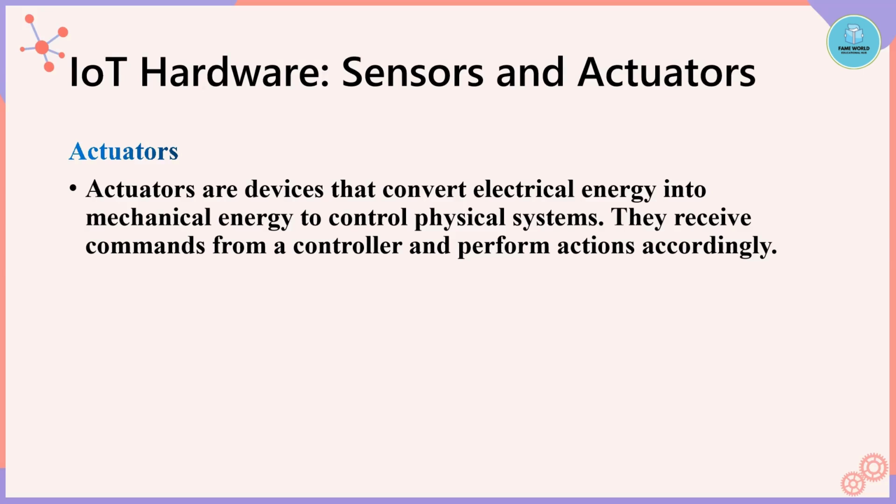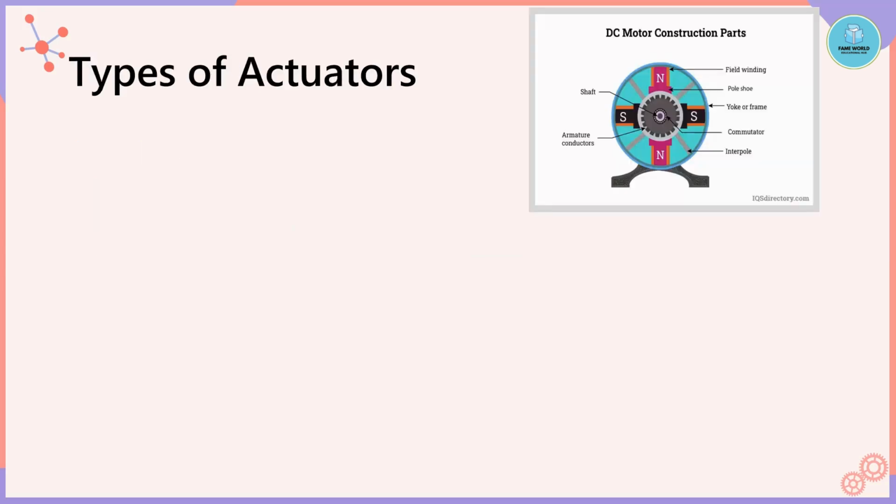They receive commands from a controller and perform actions accordingly. Actuators can be powered by various energy sources, including an electrical circuit or pneumatic pressure. When we talk about actuators, different types are there.